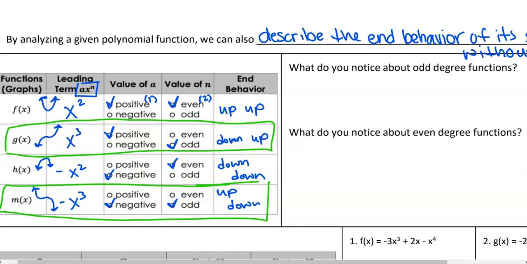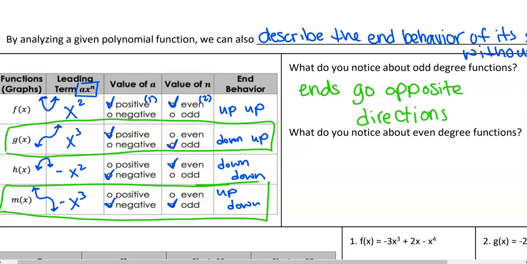So my ends are opposite. Yeah? So ends go opposite directions. So odd opposite, O-O. Oh, look at that.